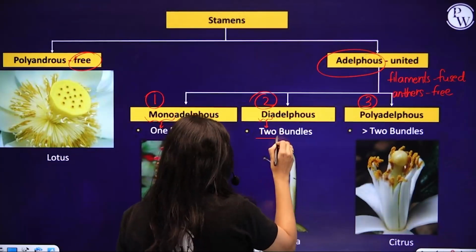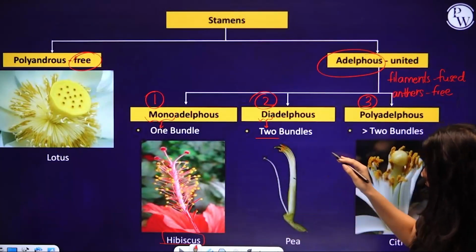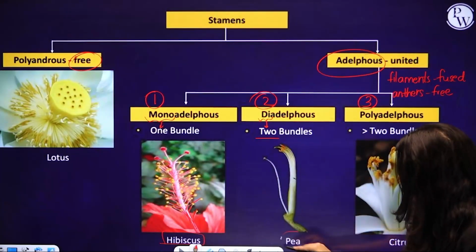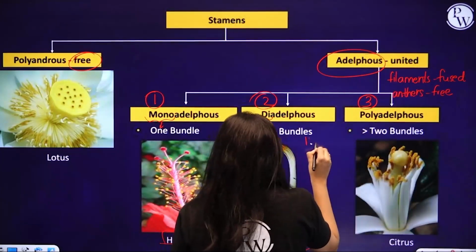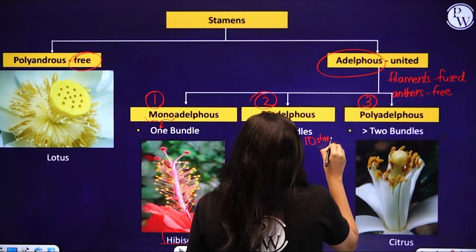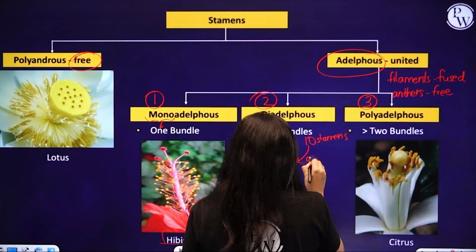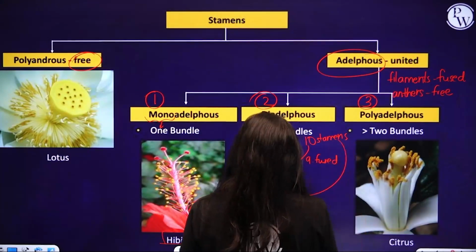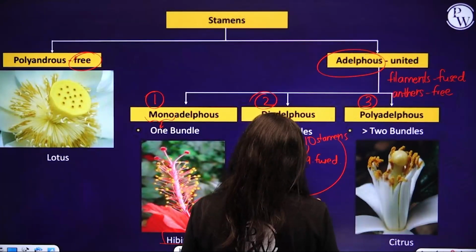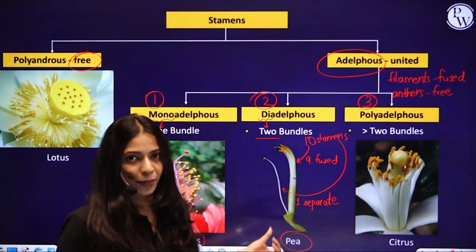Di means two. So over here, we can observe this in pea plants. There will be a total of 10 stamens. Of these 10 stamens, 9 of them have fused to form one bundle, and you have one separately. Even this one separate stamen also, we consider that as one bundle.